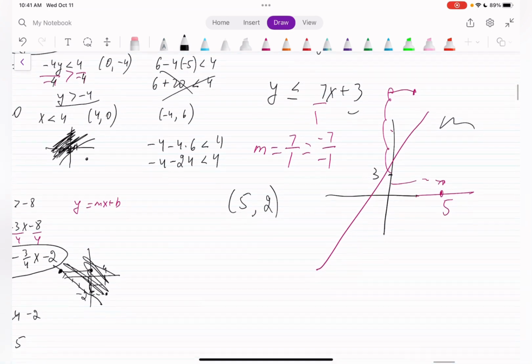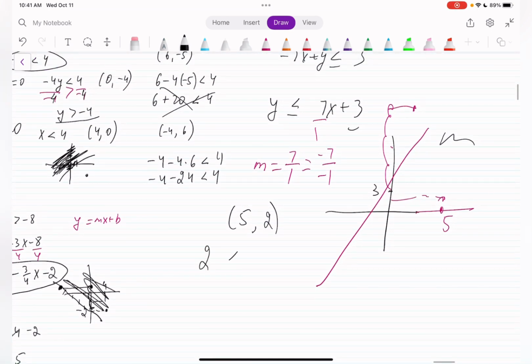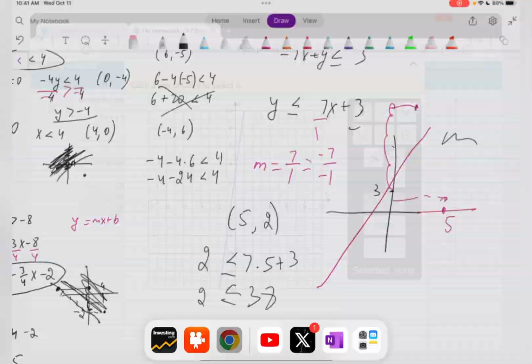Let's see. So y is 2, less or equal 7 times 5 plus 3. So 2 is less than, that's true, 35, 38. So it's going to be on the right side, shading.